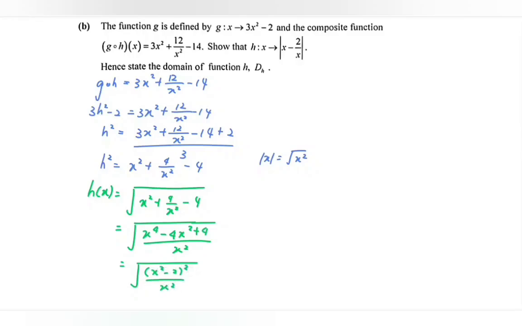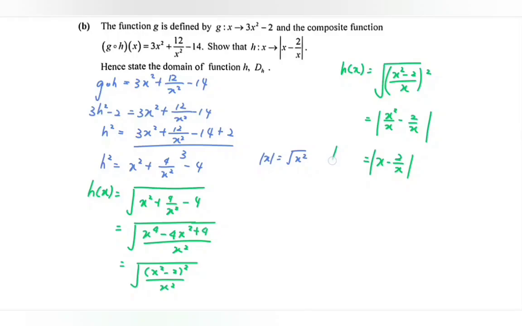So rewrite h of x, where we have square root of x squared minus 2 over x, bracket squared. So simplify, we will have the modulus of x squared minus 2 over x. Again, we will have the modulus of x minus 2 over x, so we have h of x. So we have already shown the situation given.